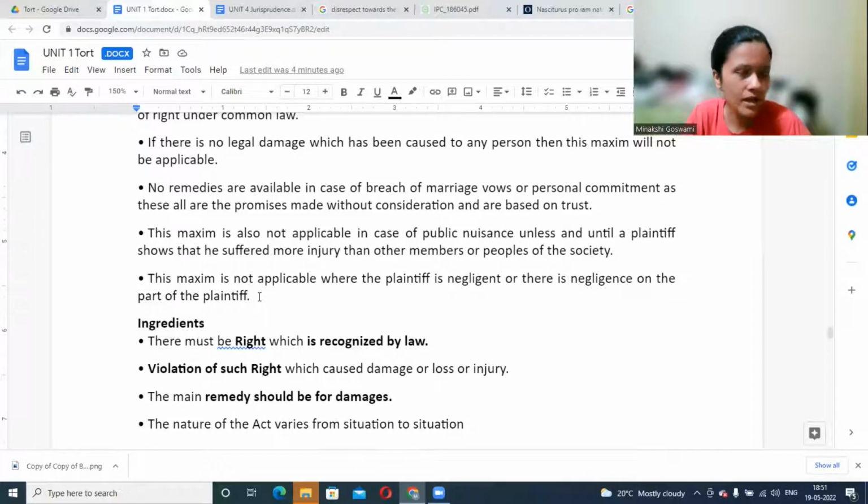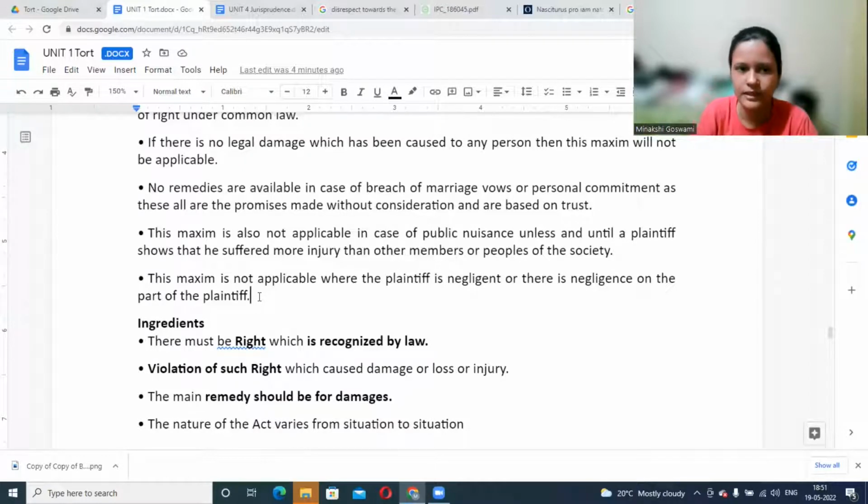See, it depends on the amount of force being used, because we have a concept of self-defense. Was that beating necessary? Was it with a bare hand? Was it with a wooden stick? What was the level of force being used? So the court would see all those factors. Reasonable force you can use.